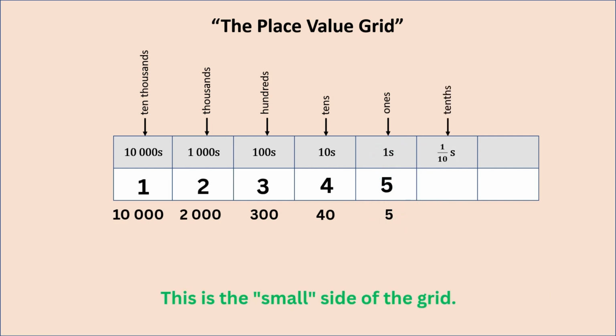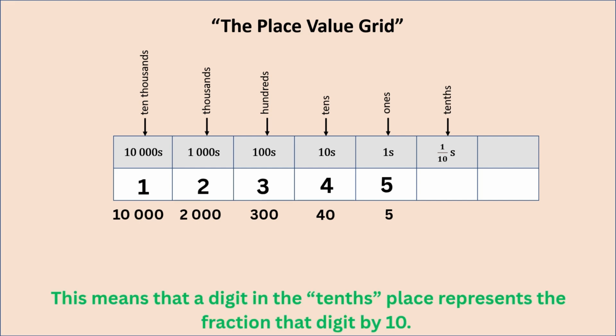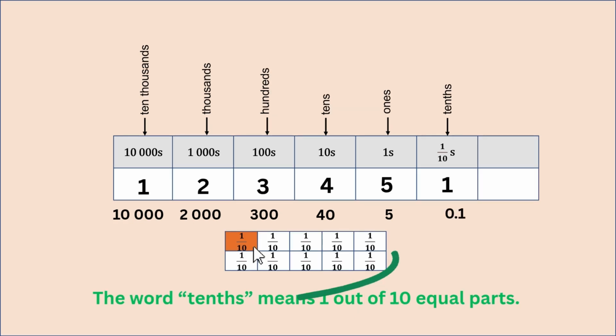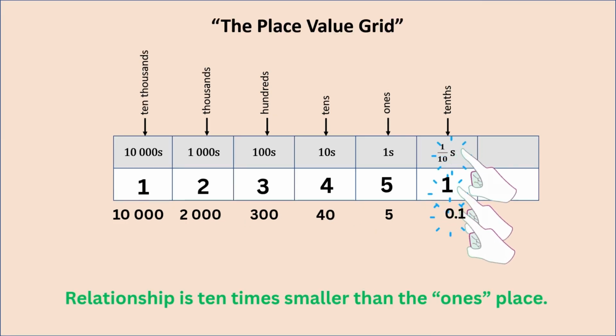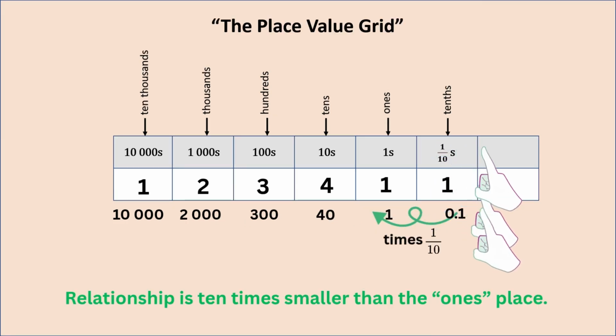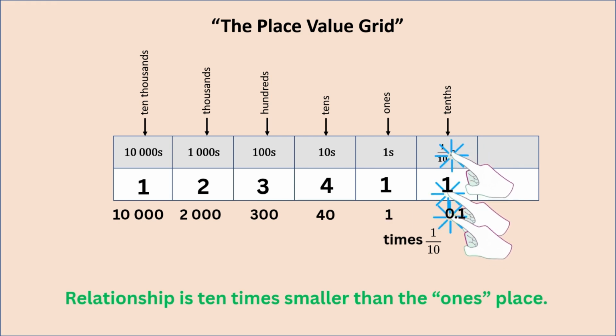Six, tenths. This is the small side of the grid. This means that a digit in the tenths place represents that digit divided by 10. The word tenths means 1 out of 10 equal parts. As a fraction, it's 1/10. The relationship is that it is 10 times smaller than the ones place.